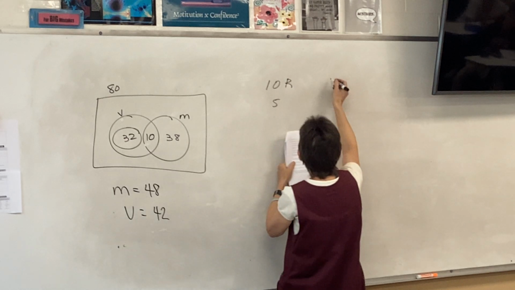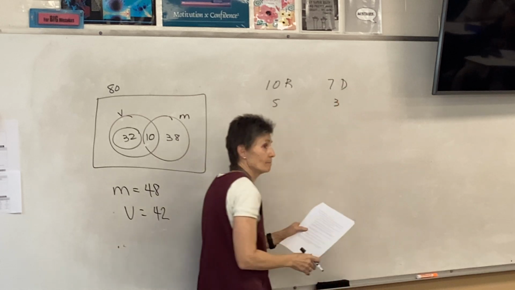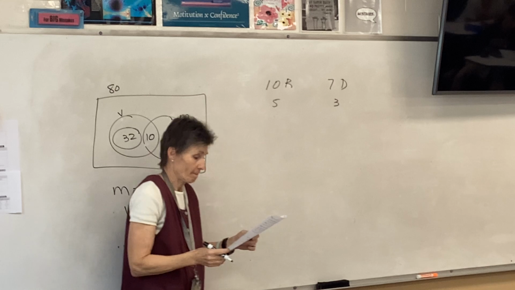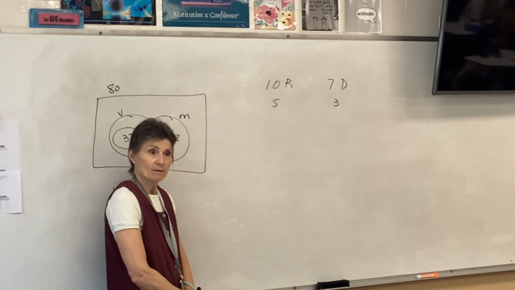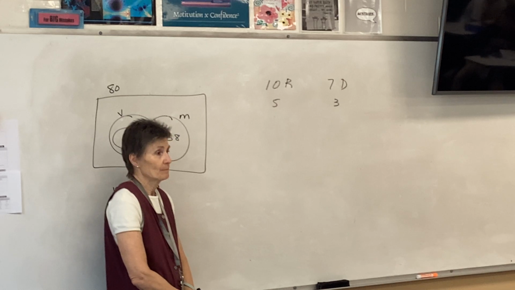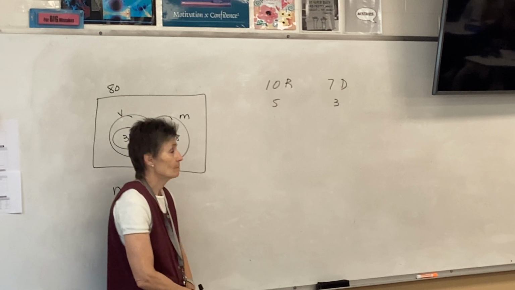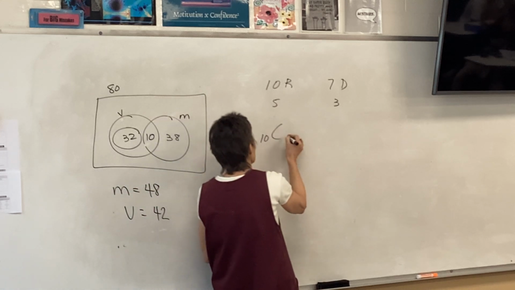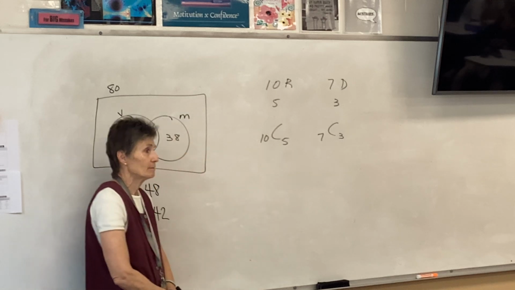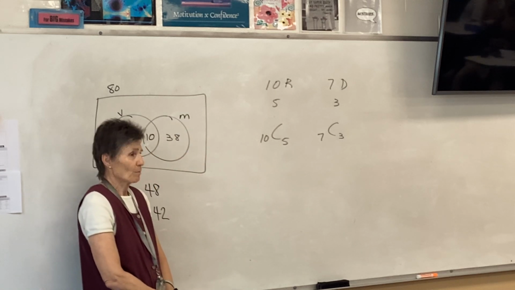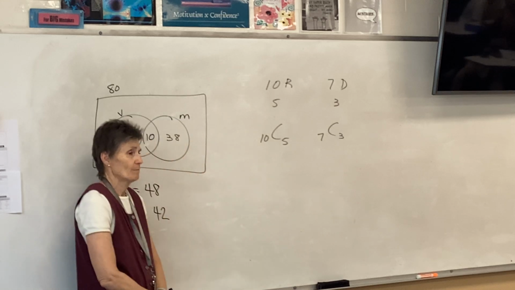And I have 7 Democrats, and I'm going to pick 3. Any thought about that? Order doesn't matter. Carson says 10C5 and 7C3. I agree 100%. We're not arranging these people, we're just plucking a few out of each pile.